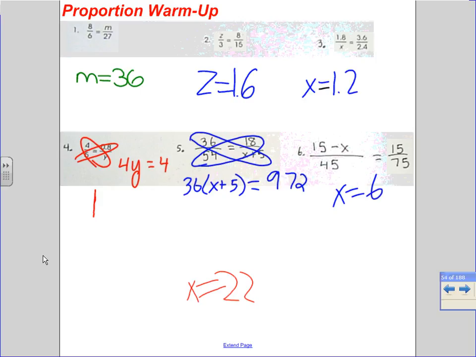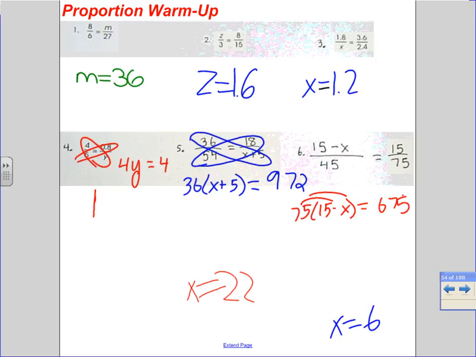Number 6? Okay, so did you do 75 and then in parentheses 15 minus x equals 45 times 15 is 675. Okay, and then did you distribute the 75 through?